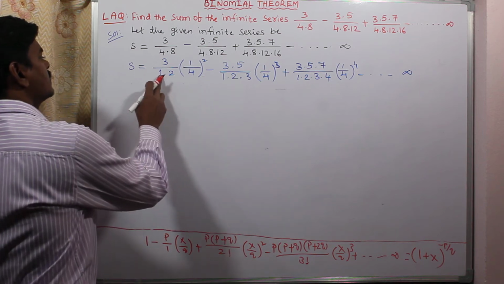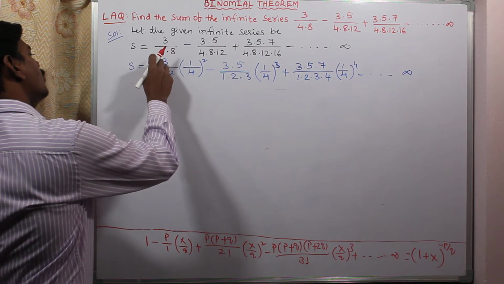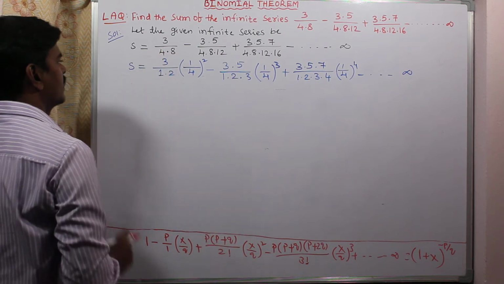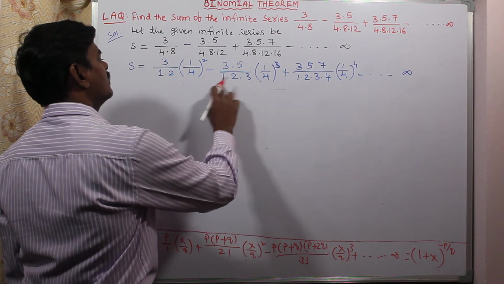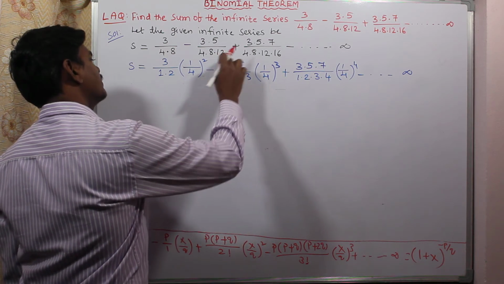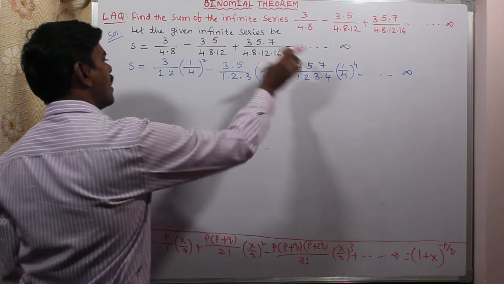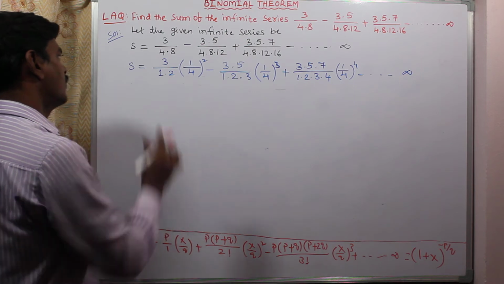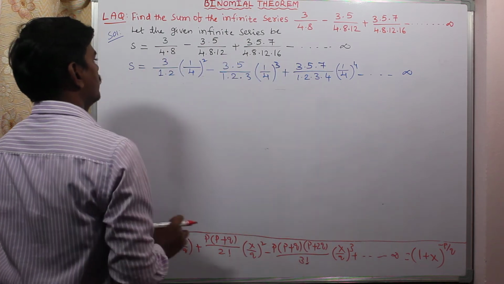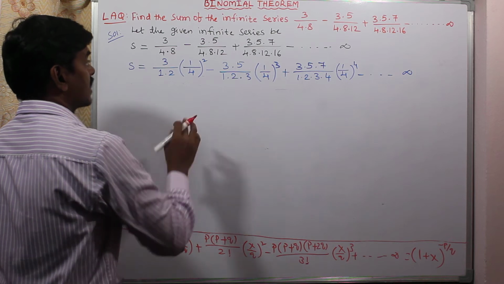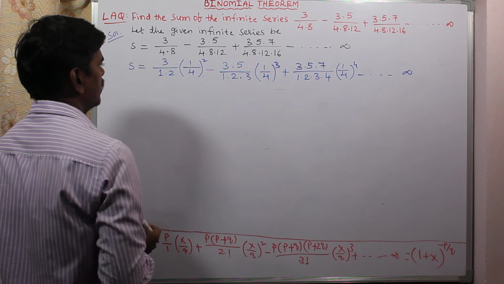But in the given series, corresponding to 2 factorial we do not have a product of 2 numbers in the numerator; we have only one number. Corresponding to 3 factorial we do not have a product of 3 numbers, and corresponding to 4 factorial we do not have a product of 4 numbers. So one number is missing in each numerator. Try to identify the missing number and create that number.